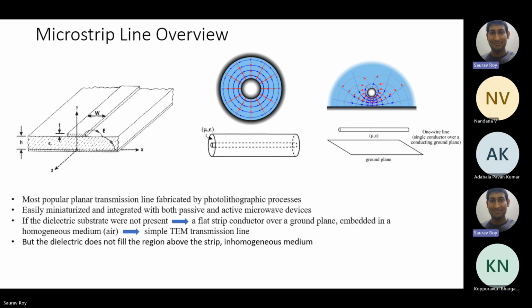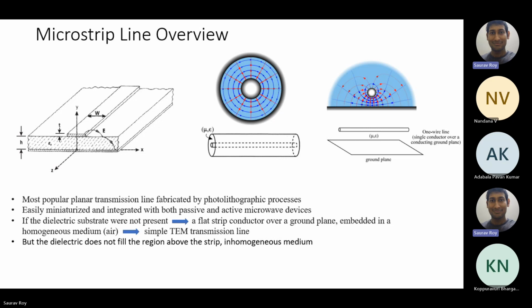Okay, that's okay. But in the left side picture, can you visualize the top side, which is the metallic strip, and that is placed on a substrate. The substrate is made of some dielectric of permittivity epsilon r, and on the bottom side we have the ground layer.